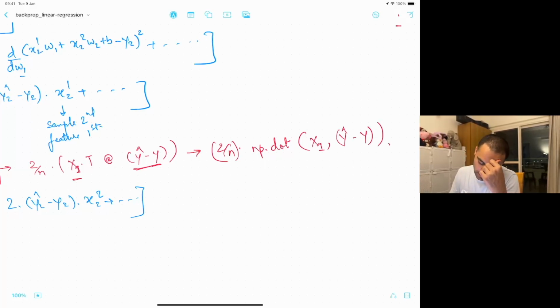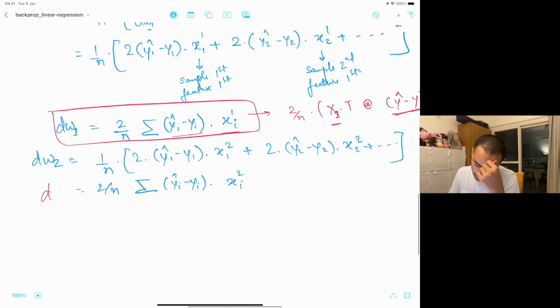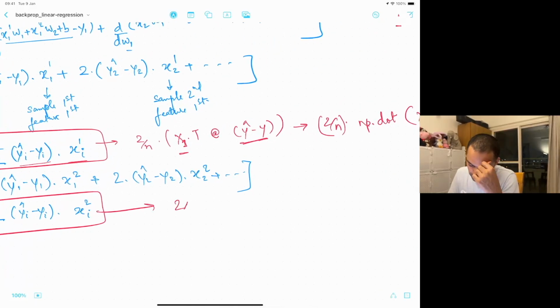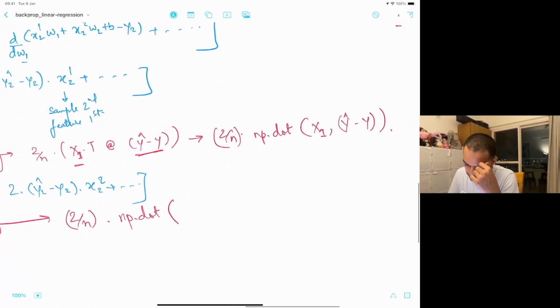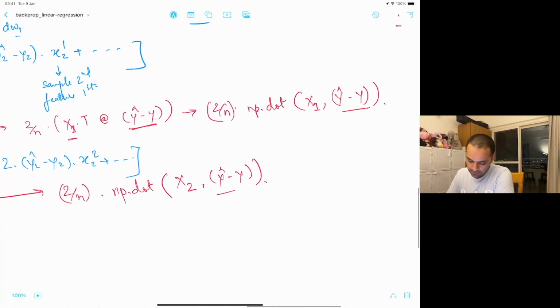Now similarly dw2 can be written as 2 over n np dot of x2 and y hat minus y, because y hat minus y is a common factor everywhere.